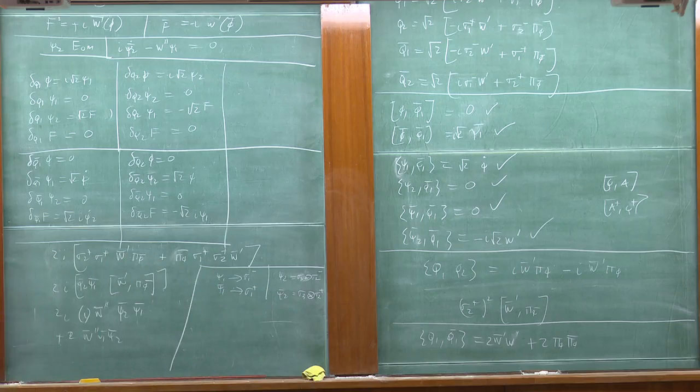Does this now work? The previous one was sigma 1 minus times identity.